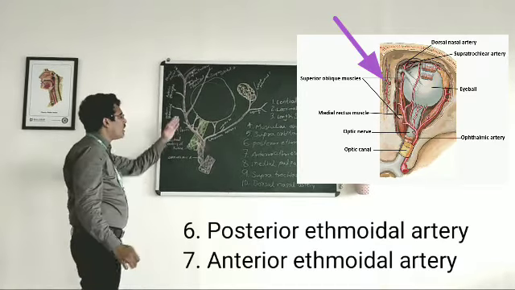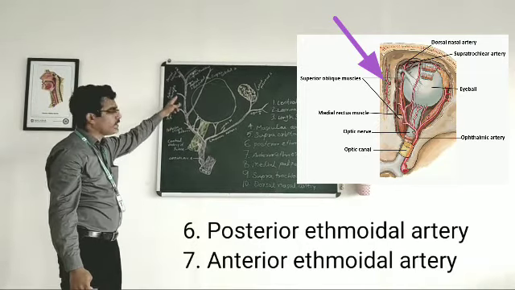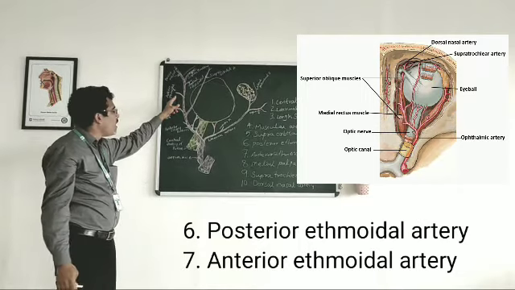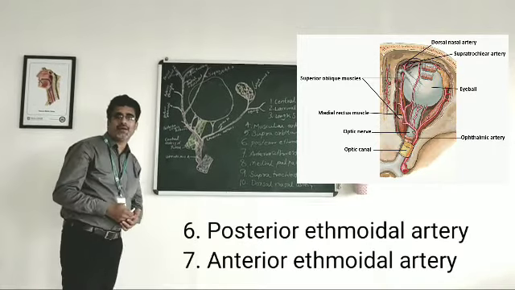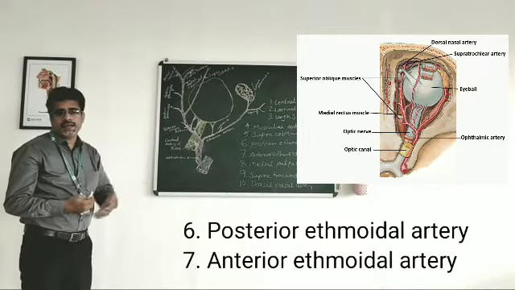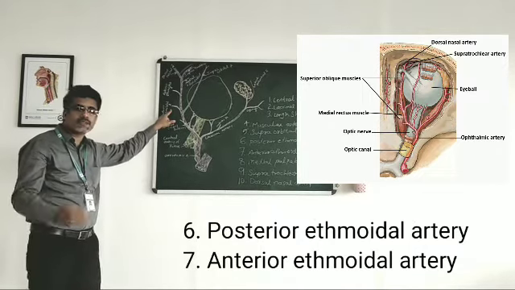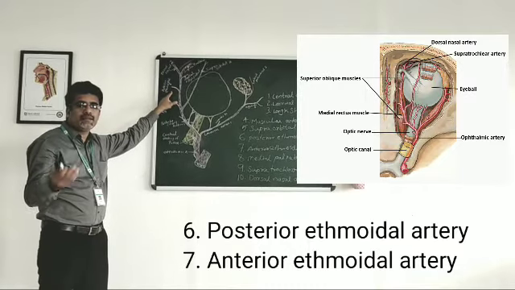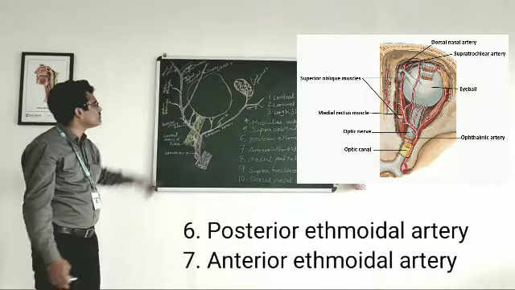These two arteries enter through the posterior and anterior ethmoidal canals, very close to the medial aspect of the orbit. Passing through these canals, they supply the posterior, anterior and middle ethmoidal sinuses respectively. The posterior ethmoidal artery usually supplies the posterior ethmoidal sinus. The anterior ethmoidal artery supplies the middle and anterior ethmoidal sinus groups.